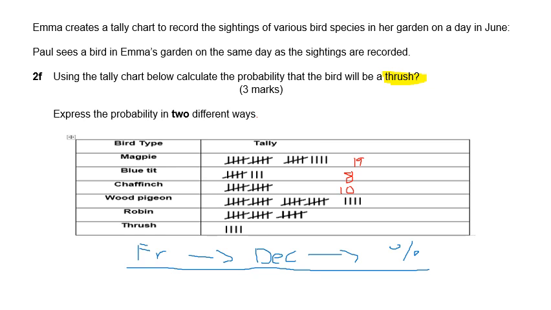The wood pigeon, 5, 10, 15, 20, and 4 is 24. The robin, 15. Finally the thrush, 4 of those. So we then need to add all those together to get the total. When you add those all up, the total amount of birds comes to 80.